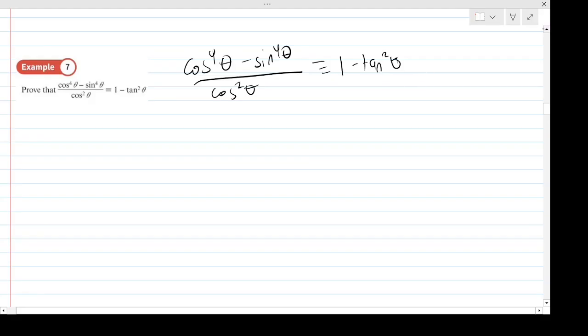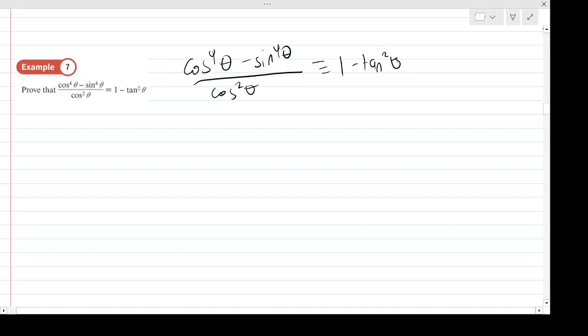It's a lot easier to simplify a more complicated term than try to complicate a simple term to make it more complex. Right, so I'm going to work with this side then, and I'm going to try maybe use my identities or other tools that I know to get to this exact state, this expression here, 1 minus tan squared, okay?